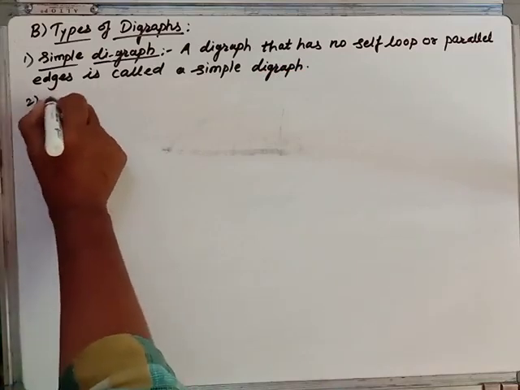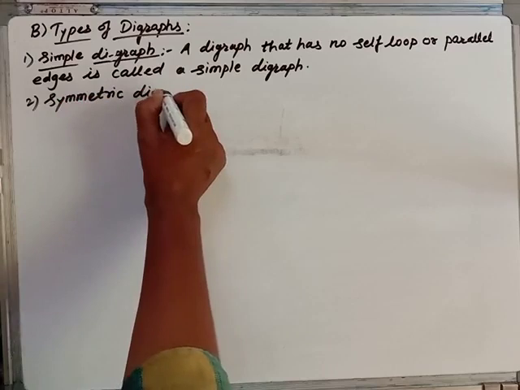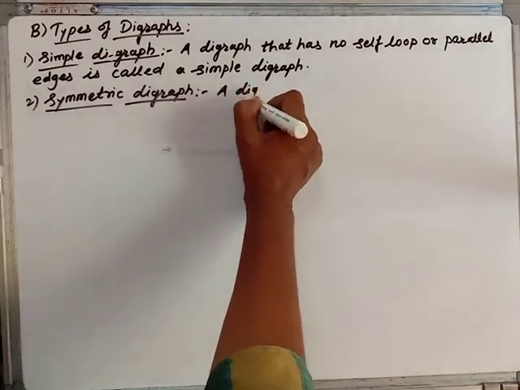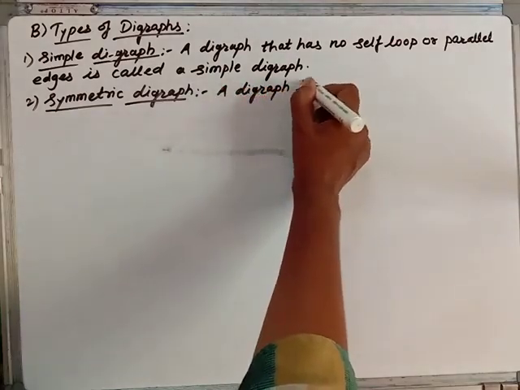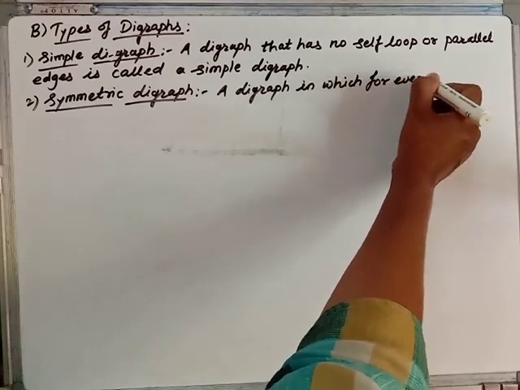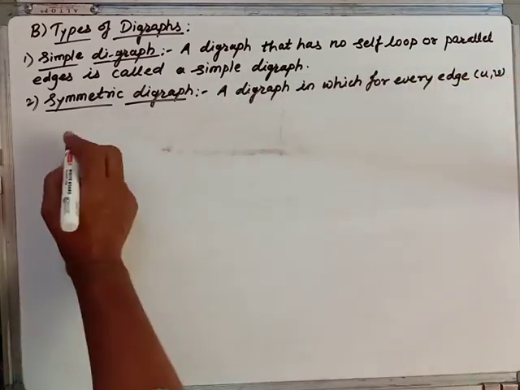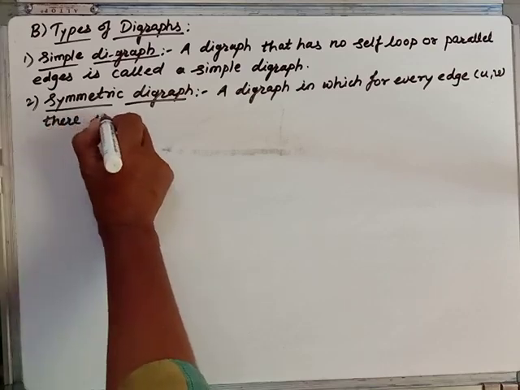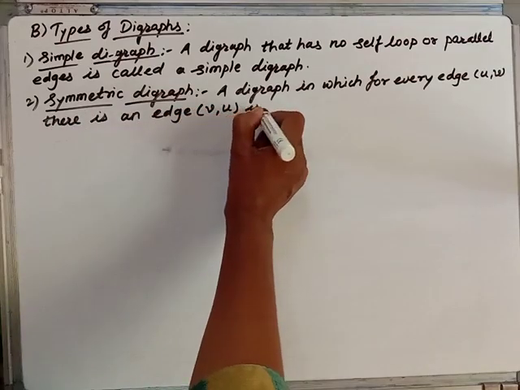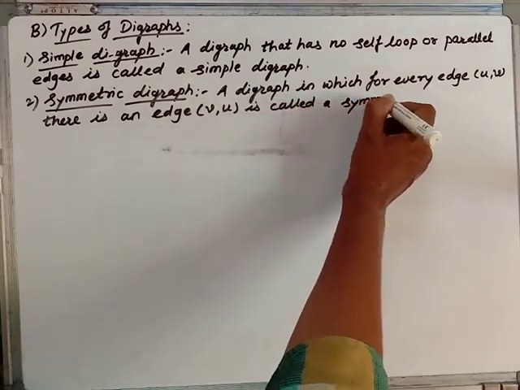Okay. Second, symmetric digraph. A digraph in which for every edge UV there is an edge VU is called a symmetric digraph.